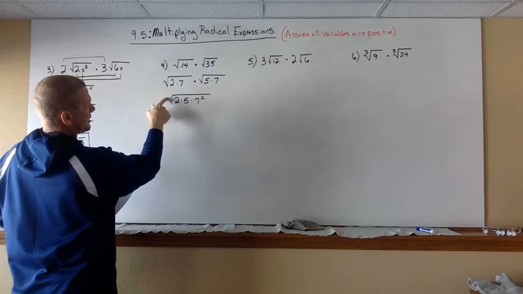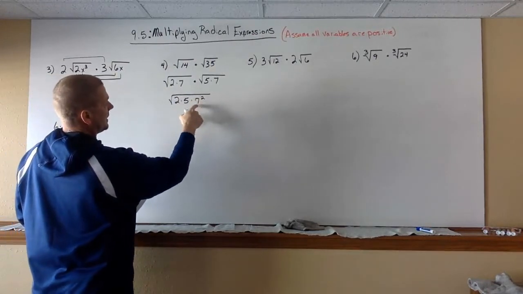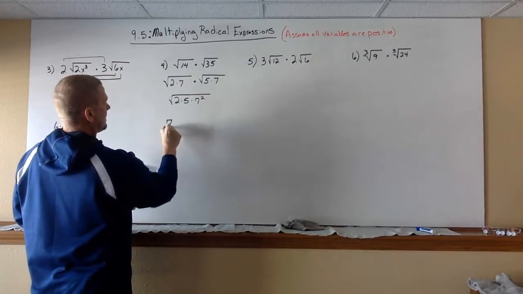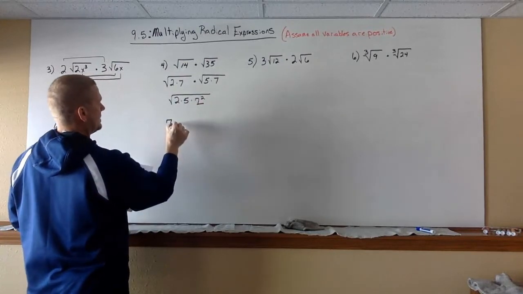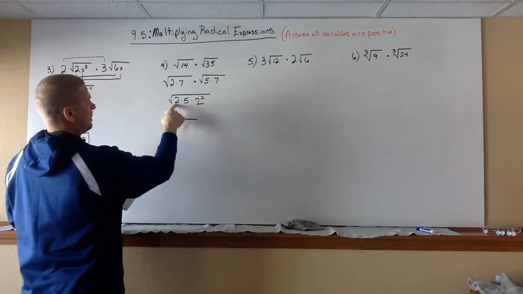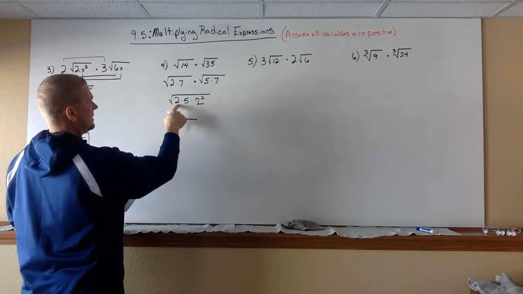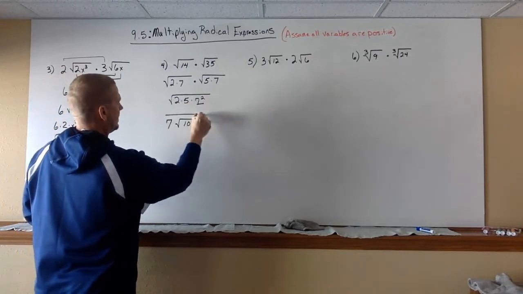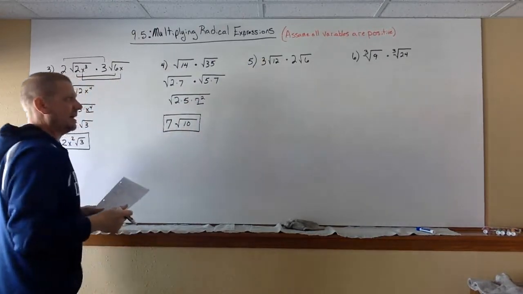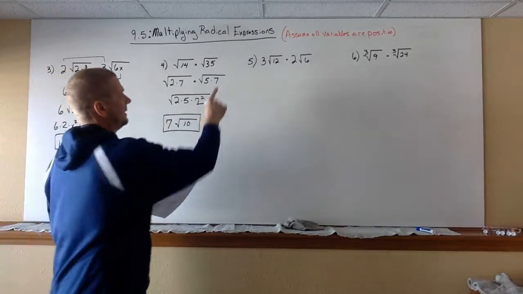And because this is a square root, this is 7, oh, that's 49. So that's a perfect square of 7 that comes out. And there's no perfect squares in 2 or 5, so I just multiply them together to call it 7 square roots of 10.